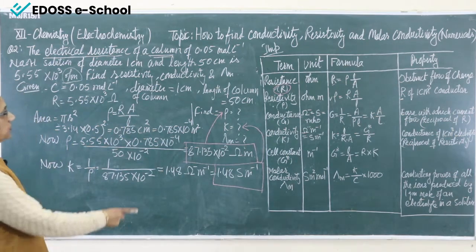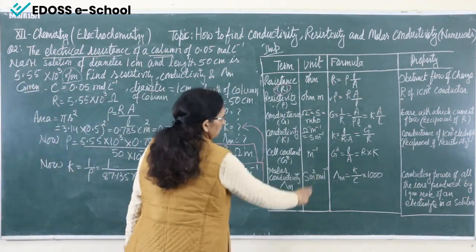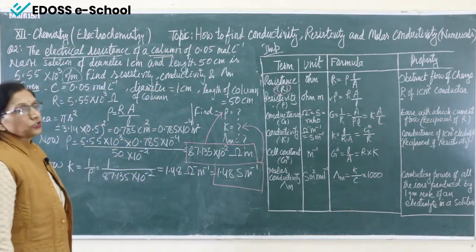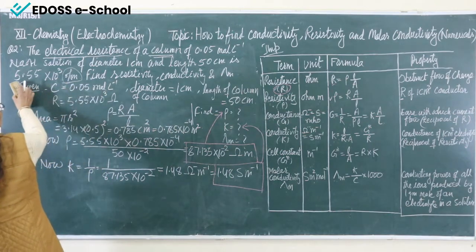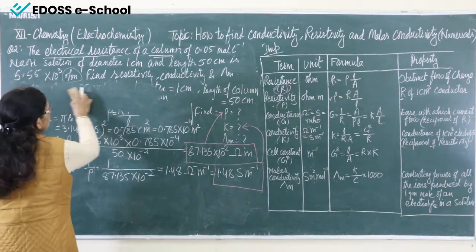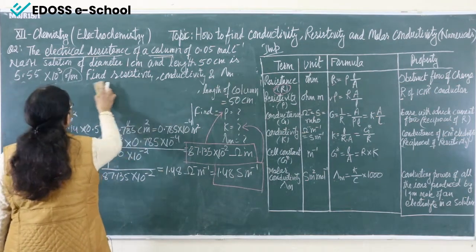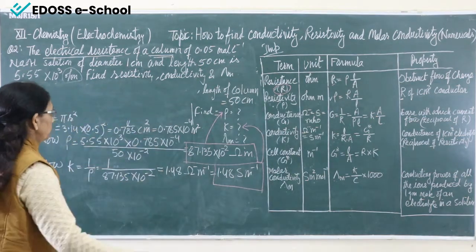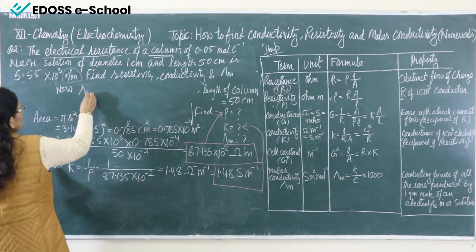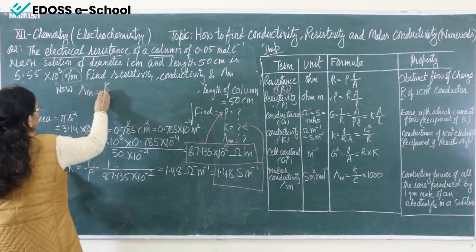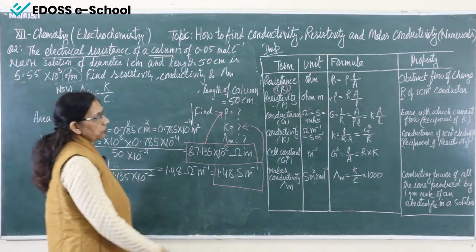Now last is molar conductivity, and molar conductivity we know lambda m is equal to K upon C into 1000. So last we have to find lambda m. So we can say lambda m is equal to K upon C. There is no need to multiply 1000.